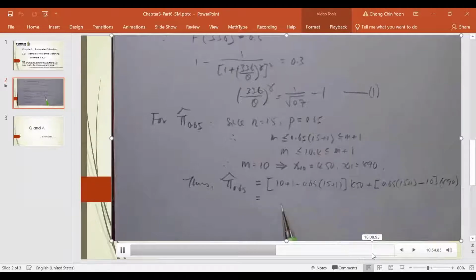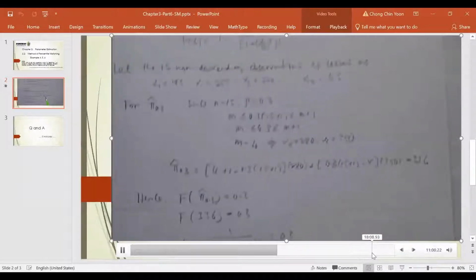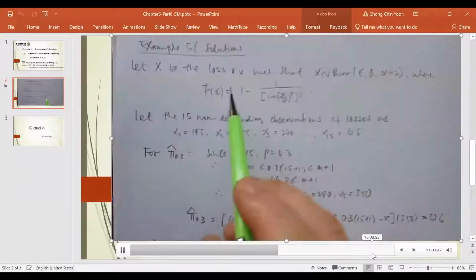So this will give me 466. Again, we take this CDF and substitute our x as 466.